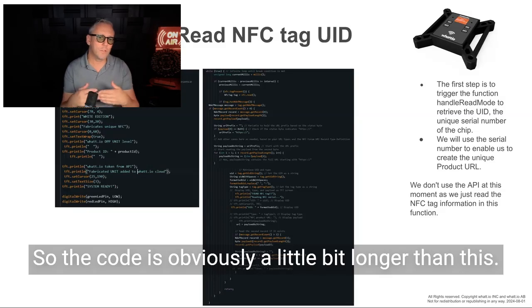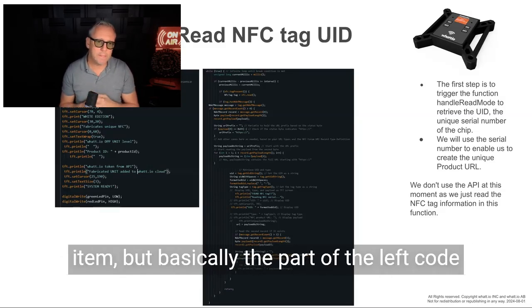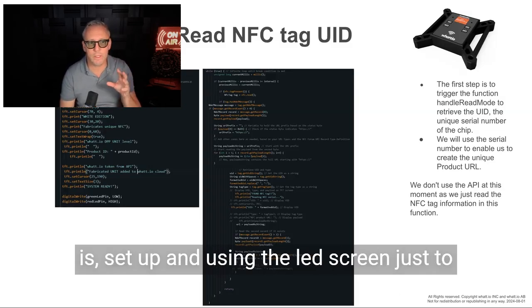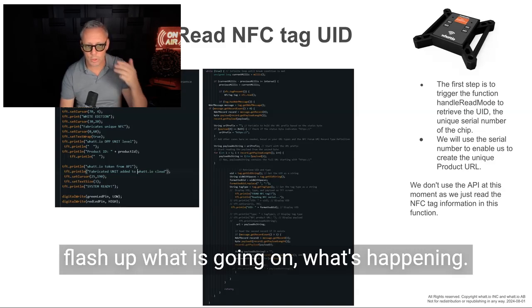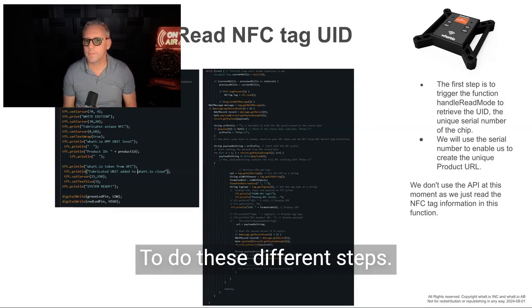Yeah, so the code is obviously a little bit longer than this. And again, I will not go through every single item, but basically the part on the left of the code is set up and using the LED screen just to flash up what is going on. And the right side is how we use the API to do these different steps.